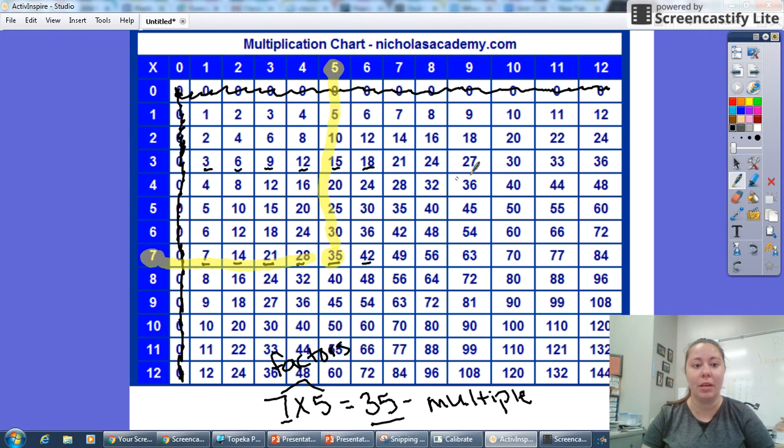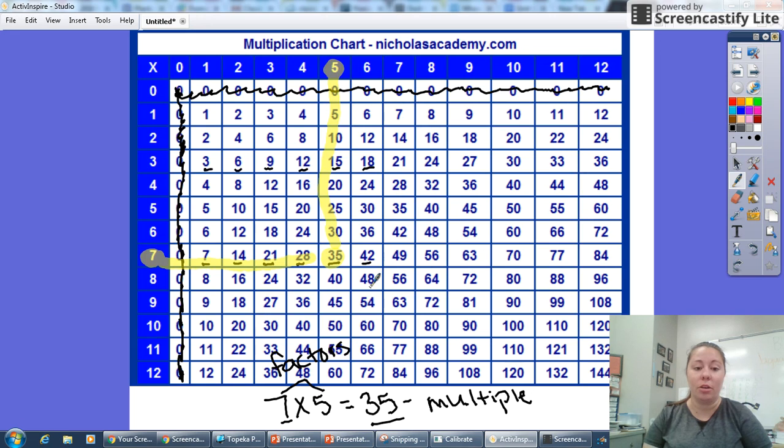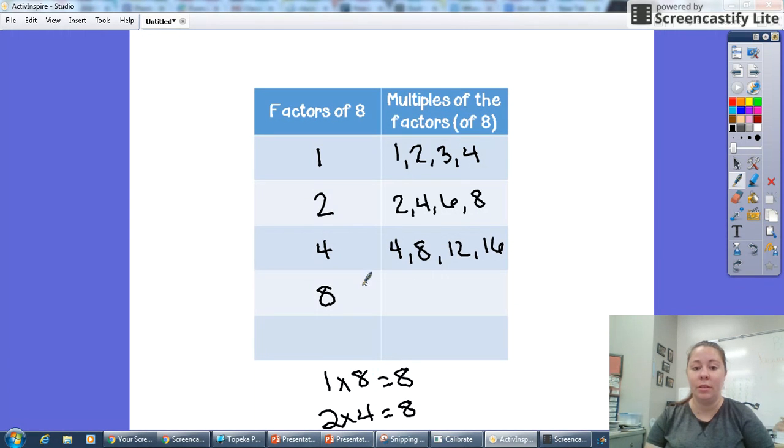Go back to your multiplication chart. Oh, 4, 8, 12, 16. Let me write those down. 4, 8, 12, 16. And in the same way, I can do that for 8. I can look back at my chart if I need to. 8, 16, 24, 32.